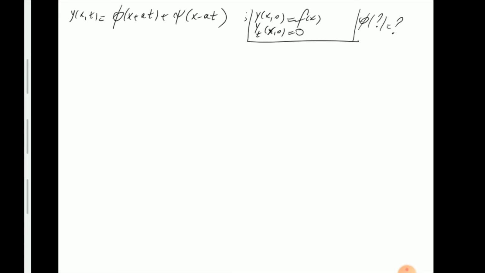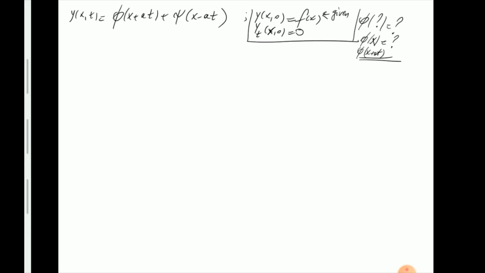So the key thing is that if I find a formula for f of y, or f of x, whatever, then you can replace later x with x plus at in the solution, when the time comes. The goal is to have a formula for the functions phi and psi. And remember, the little f of x is given, this is the initial displacement.